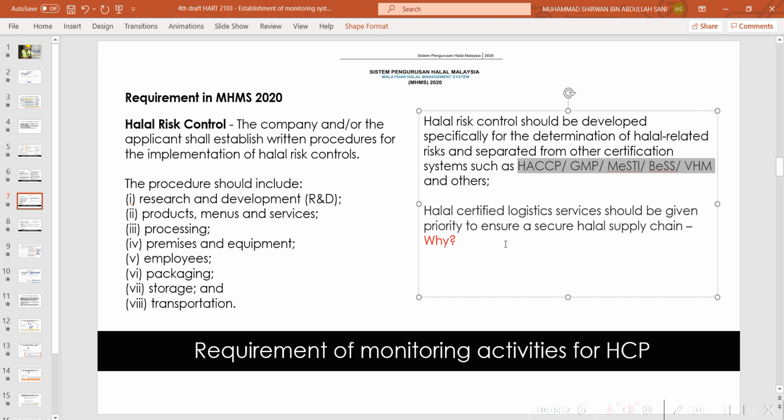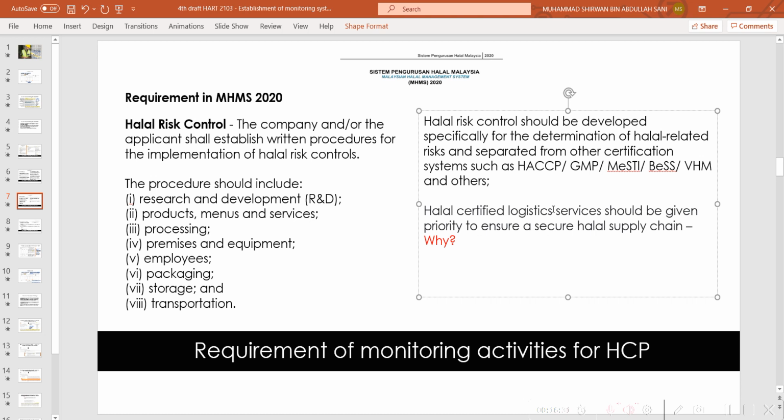But they are required to prioritize any logistic company which already has a halal certificate, right? So that's why the statement here says halal certified logistics services shall be given priority. It's not compulsory yet, but in the future, our authority might implement the requirement to only use halal certified logistic providers only. Okay, so perhaps some of you may be thinking, why is there a halal certified logistic?